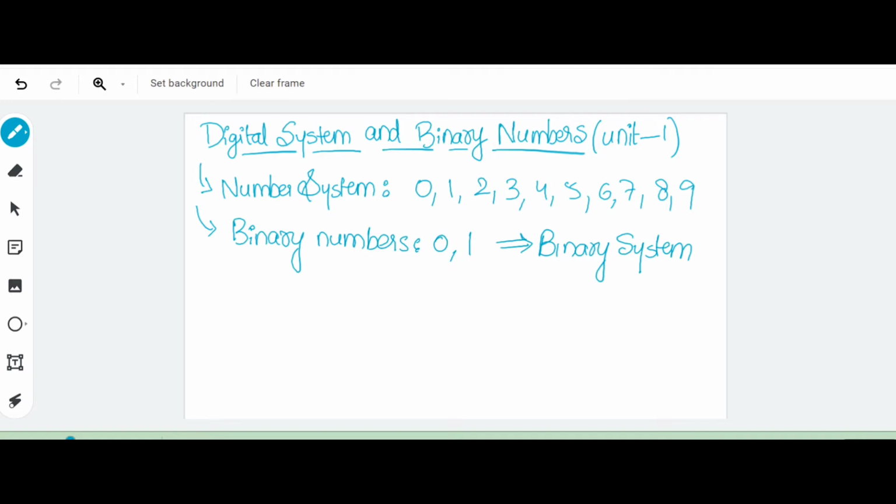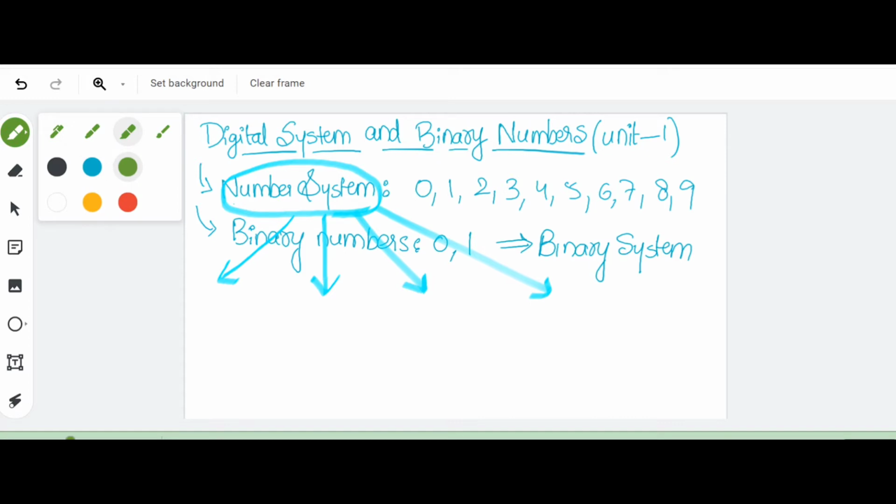Now let's discuss about the number systems we have. This number system is divided into 4 types. Let me tell you these 4 types and we'll discuss each one individually.